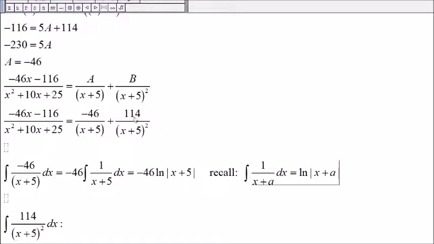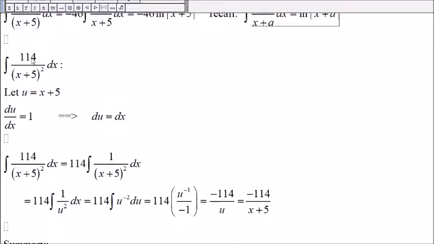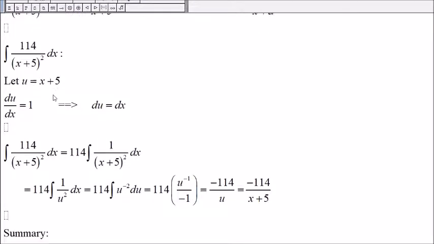And then we need the integral of 114 divided by x plus 5 squared. Let u be x plus 5. du dx is 1, so du is equal to dx.